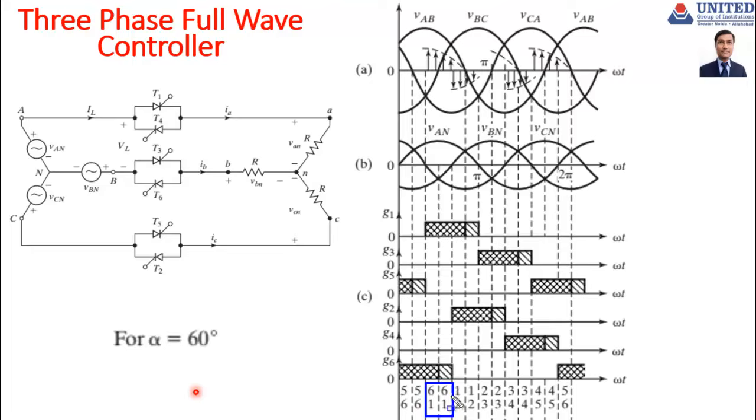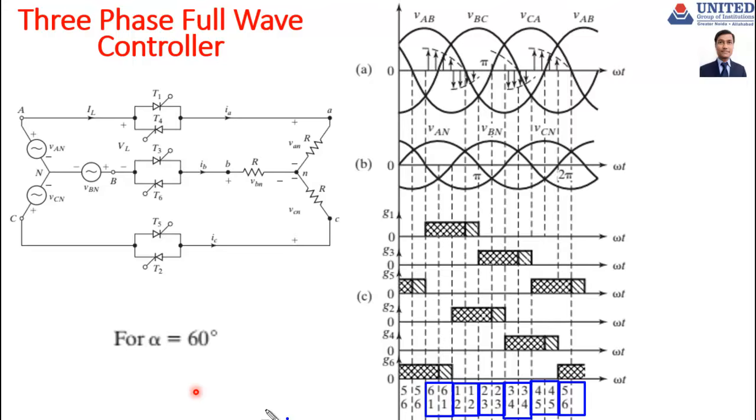In the second interval, thyristors T1 and T2 are conducting. For the third interval, thyristors 2 and 3 are conducting. Fourth interval, 3 and 4. Fifth interval, 4 and 5. Sixth interval, 5 and 6. After the sixth interval, the cycle repeats.